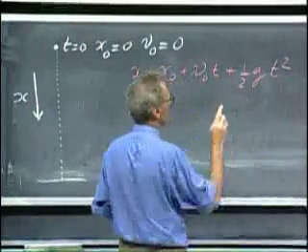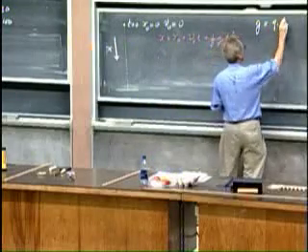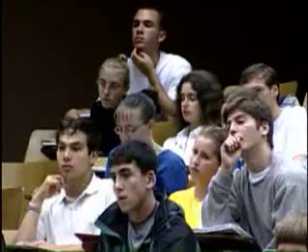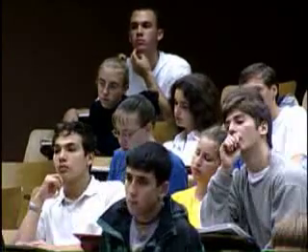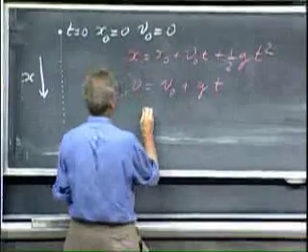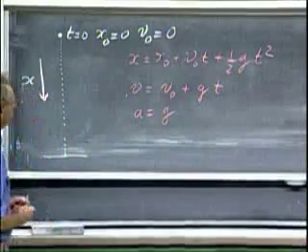And g now is 9.80 meters per second squared. The velocity at any moment in time equals v0 plus g t, and the acceleration is constant, it is simply g.